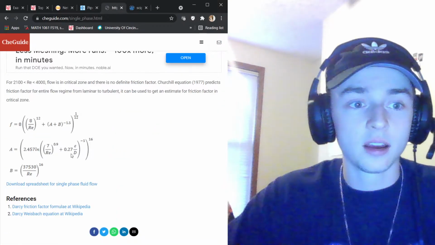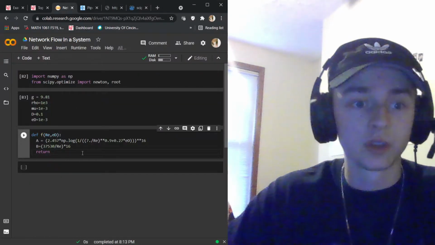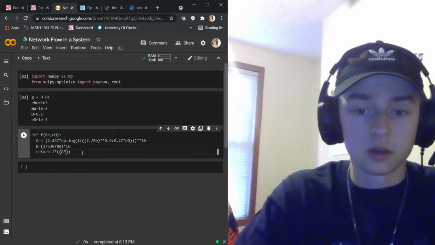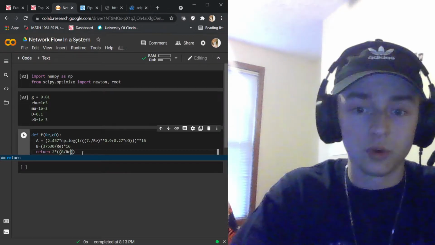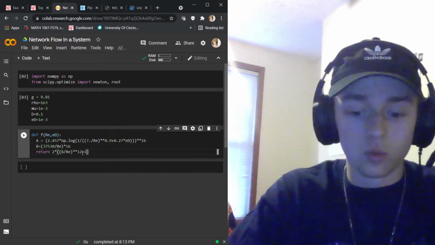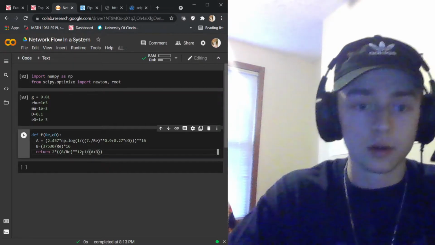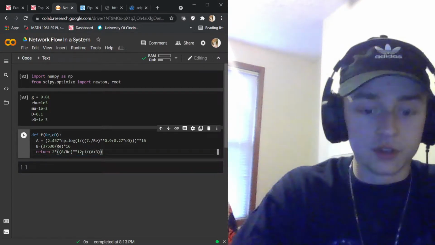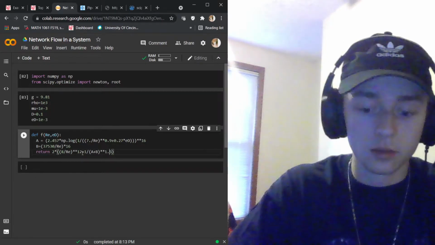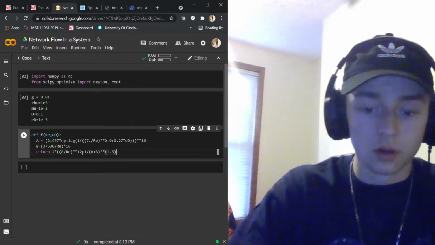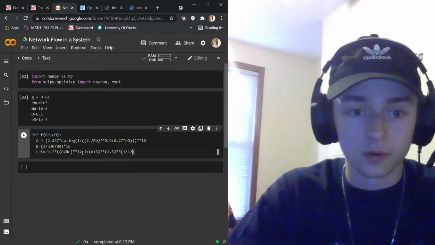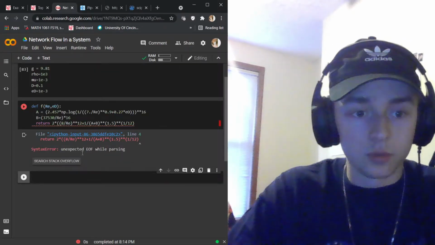And so what we want is 8 divided by our Reynolds number, rho dV over mu, raised to the 12th power, plus 1 divided by A plus B raised to the 1.5 power, oh, my bad, I forgot parentheses, that raised to the 1/12.